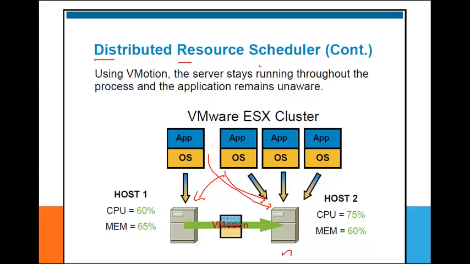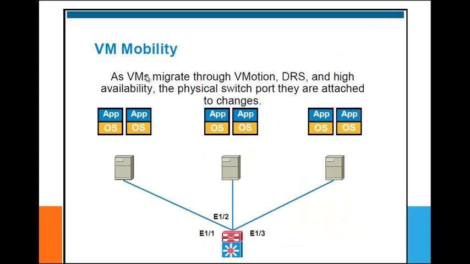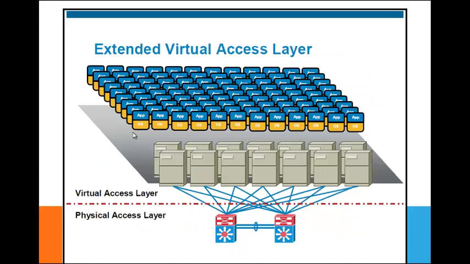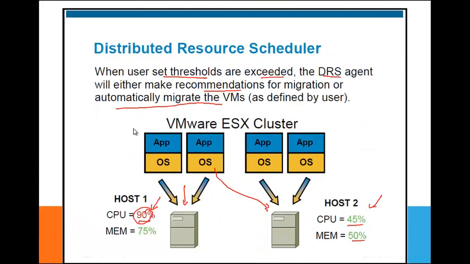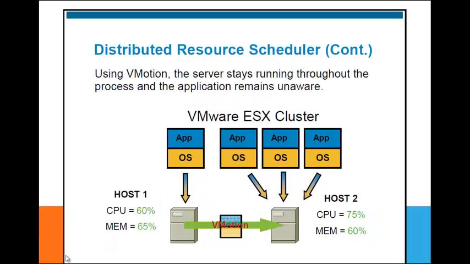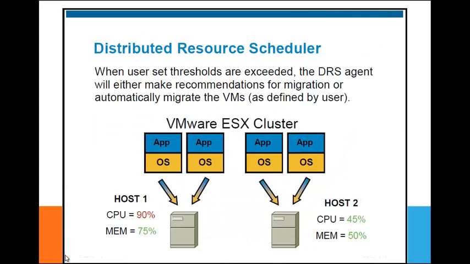Now these are not because of 1000V, these are all already there in VMware. We are seeing what is already there and what is not there, and what Nexus 1000V provides on top of all this. That's why we are going deep into all VMware related stuff.